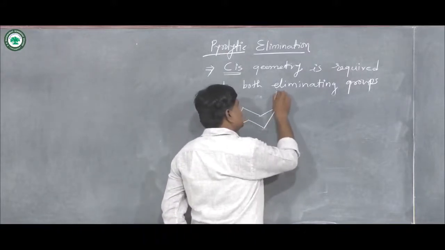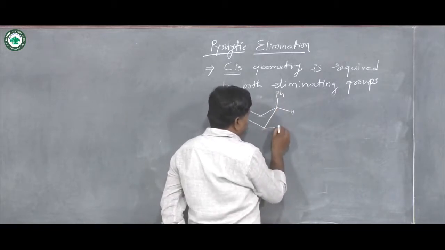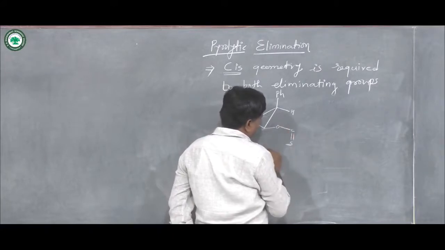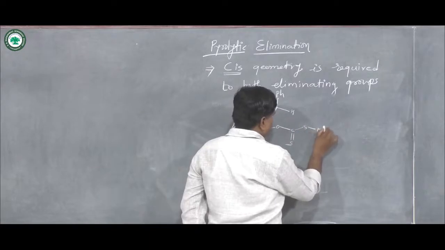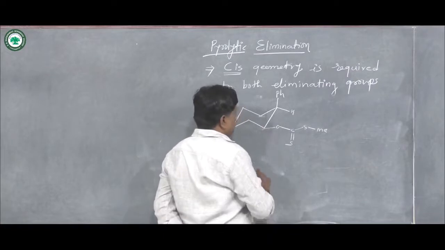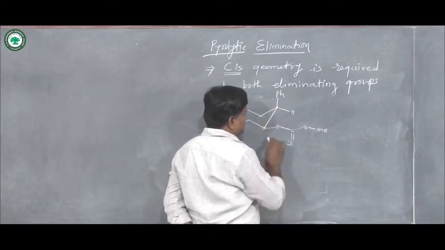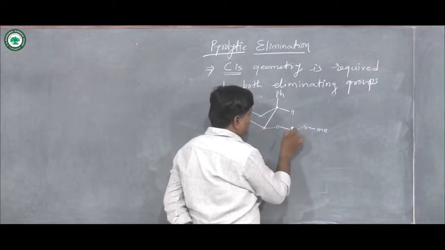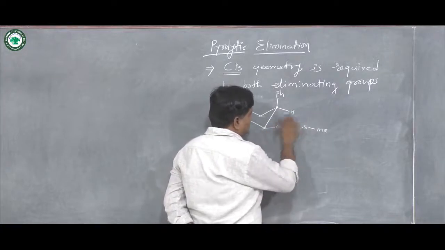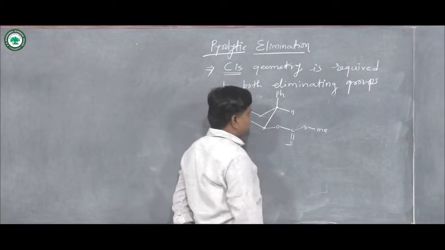Suppose this is your phenyl, this is hydrogen, this is oxygen, carbon, sulfur, here Me. So here the 6-membered cyclic intermediate we have: 1, 2, 3, 4, 5 and 6. All these 6 atoms are involved in that 6-membered cyclic intermediate.